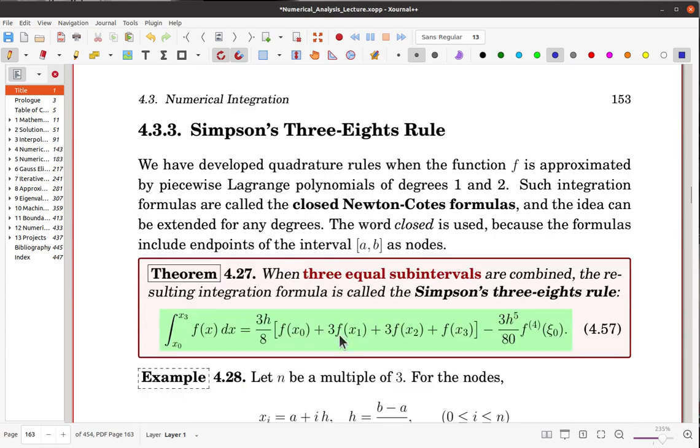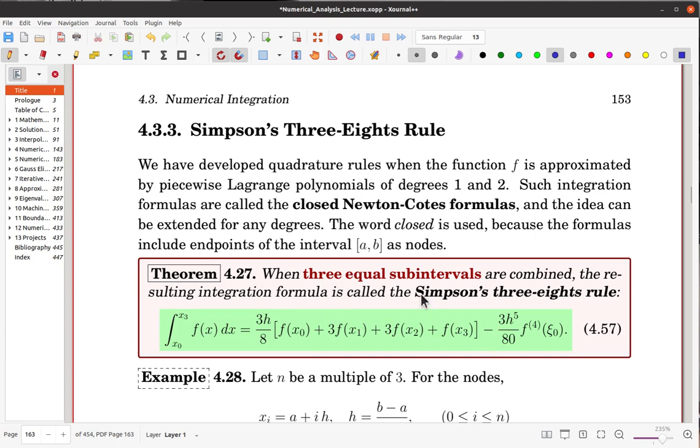Okay, now we'll go to Simpson's 3/8 rule. When we combine three equal subintervals as a set, we get Simpson's 3/8 rule.